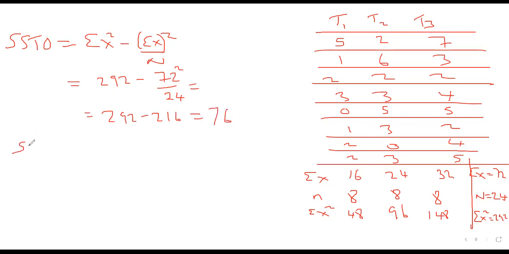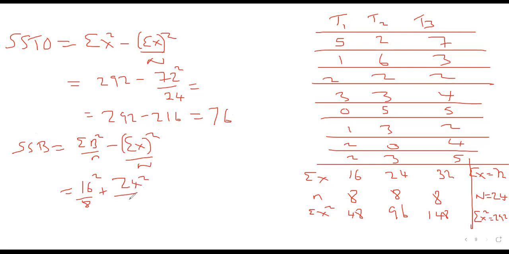Then we go to the sum of squares for treatment, which is the same as the sum of squares between. Sum of squares between over n minus the correction term. So here: 16 squared over 8, plus 24 squared over 8, plus 32 squared over 8, minus 72 squared over 24.